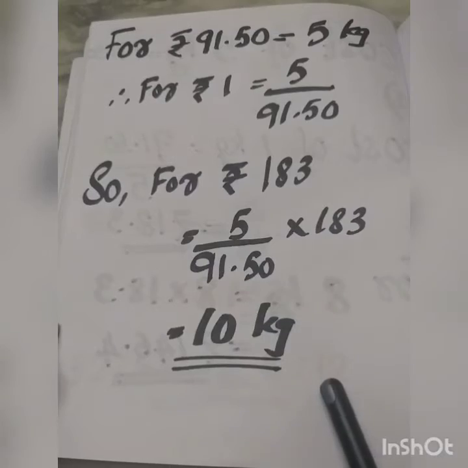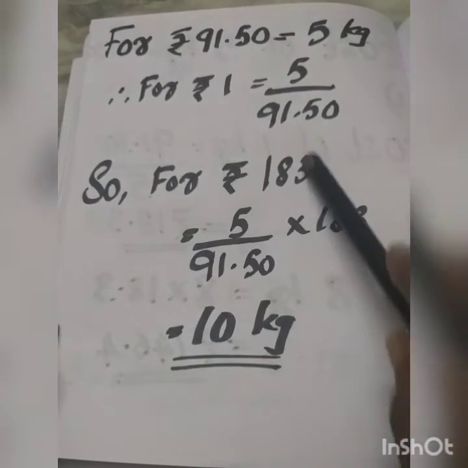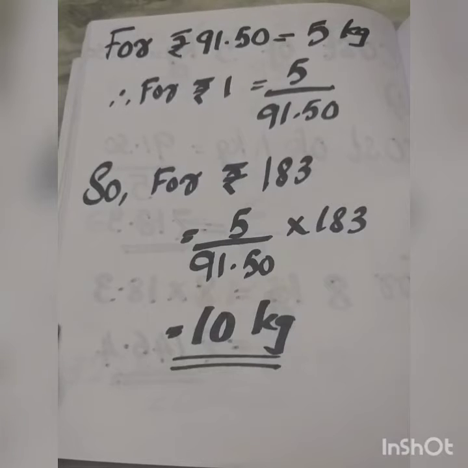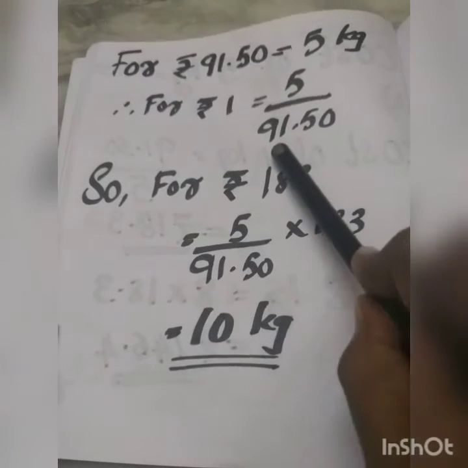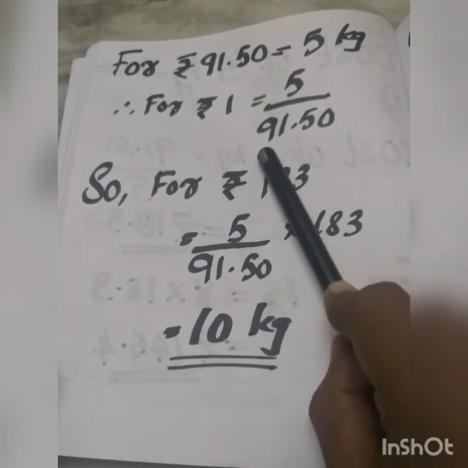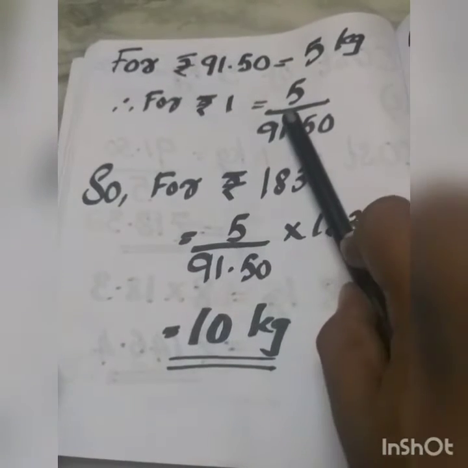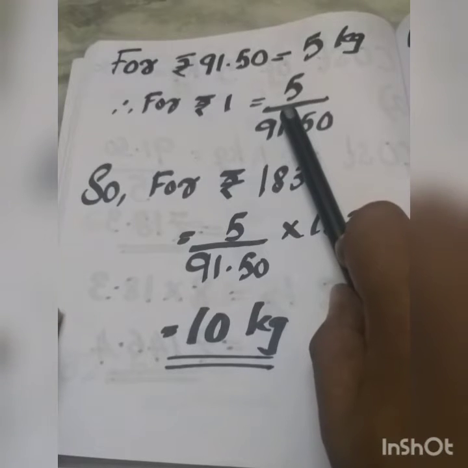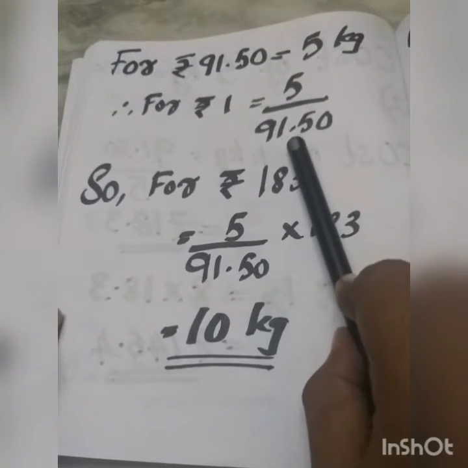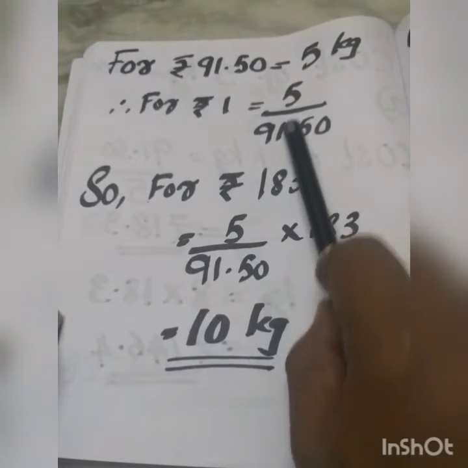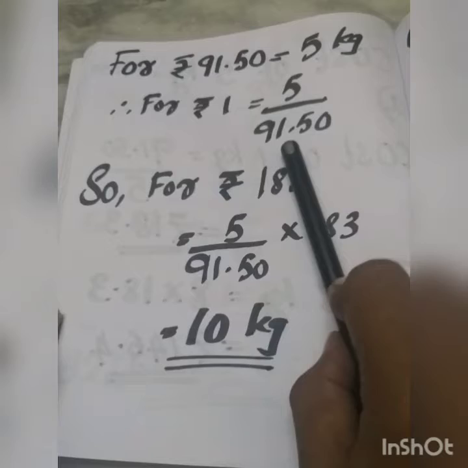10 kg. If you don't know, you can simplify 5 divided by 91.5. How can you divide a decimal number? First you have to remove the decimal point by multiplying both numerator and denominator by 100. Here after the decimal point there are 2 digits, so you have to multiply by 100. So up you will have 500, down you will have 9150.